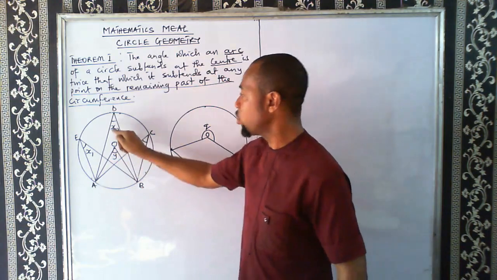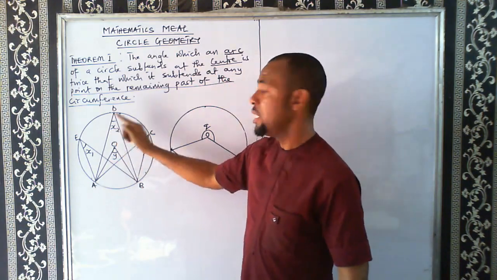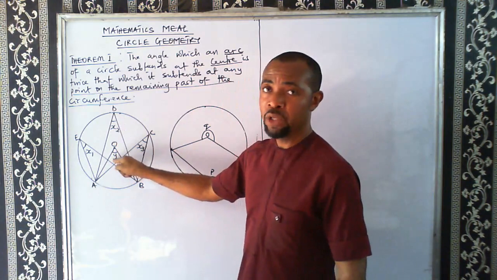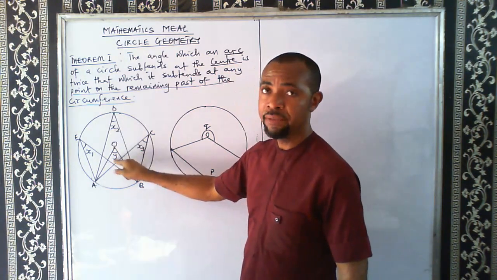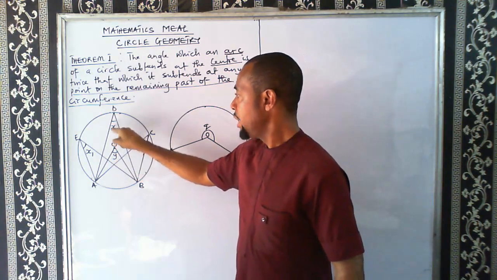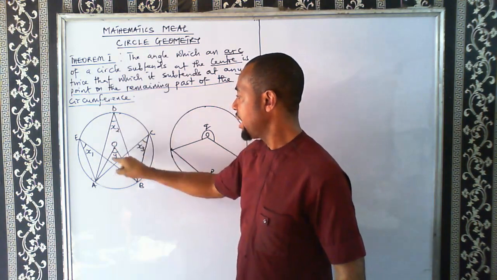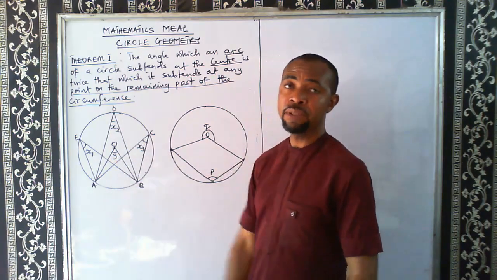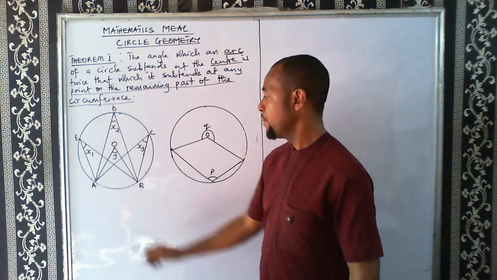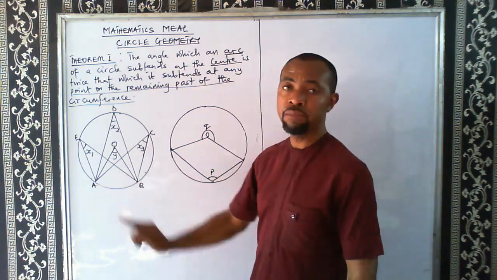Therefore, we can say that twice angle at the circumference is equal to angle at the center. So 2 times X gives me Y, because the angle at the circumference and the angle at the center both start from the same arc.